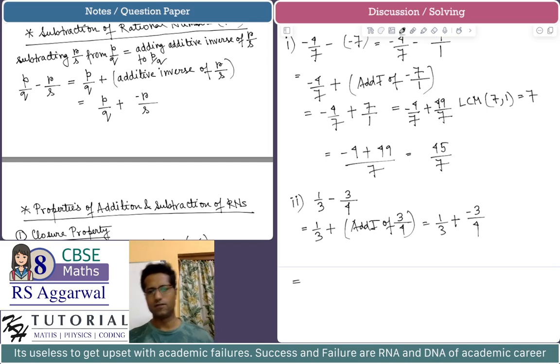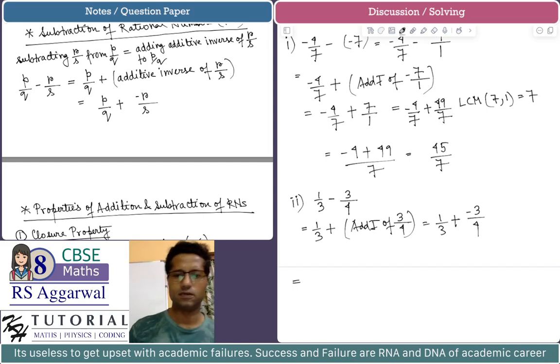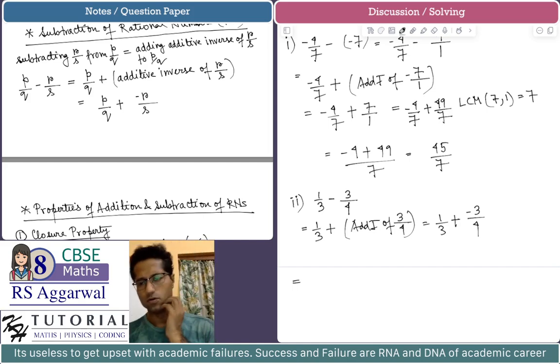Now I will skip some steps because I have already explained the concepts in detail so far. How do we find 1 by 3 plus minus 3 by 4? The denominators are different, so we have to take the LCM. The LCM of 3 and 4 is 12. When we convert 1 by 3 to denominator 12, it becomes 4 by 12.